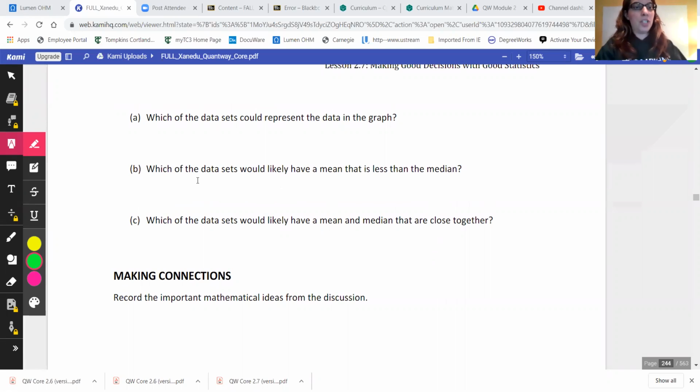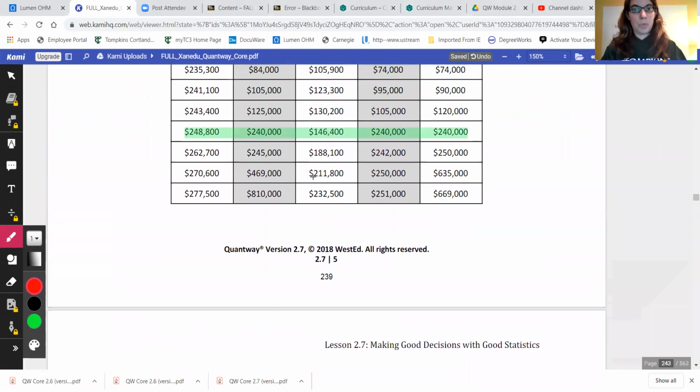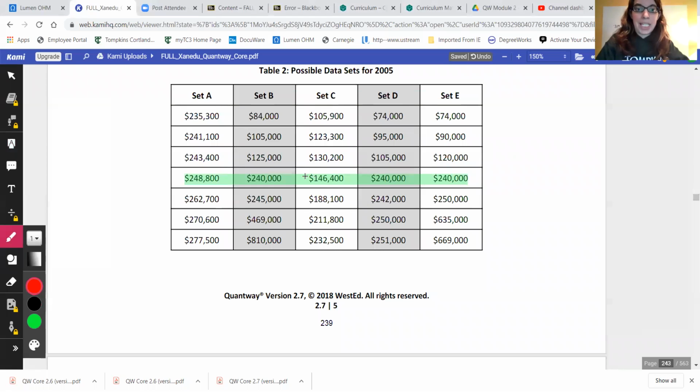Okay, so hopefully you did those. I'm just gonna write in here. So the data sets that could represent the data in the graph are B and E. So let's see why. So if we look at the median, it is 240. So this was too high with the median, this was much too low.